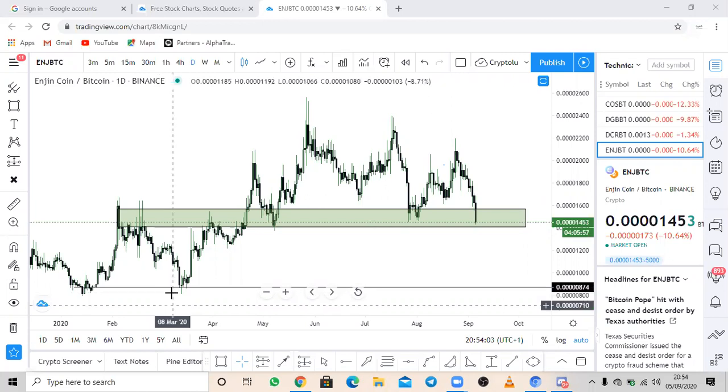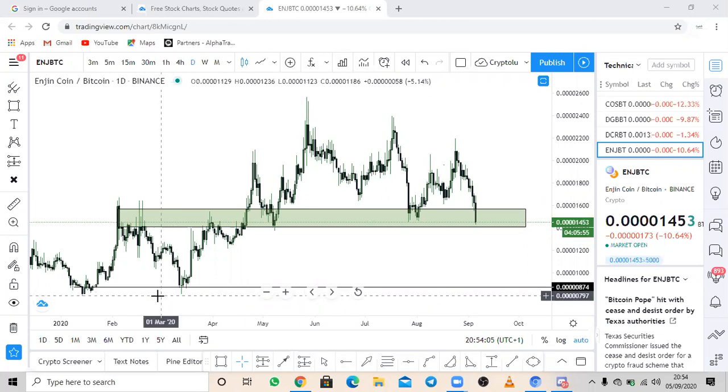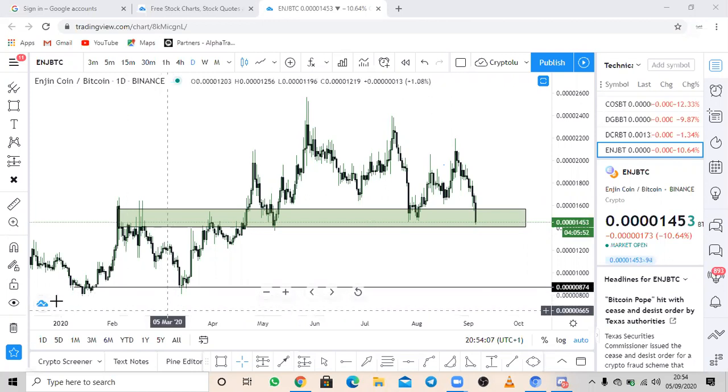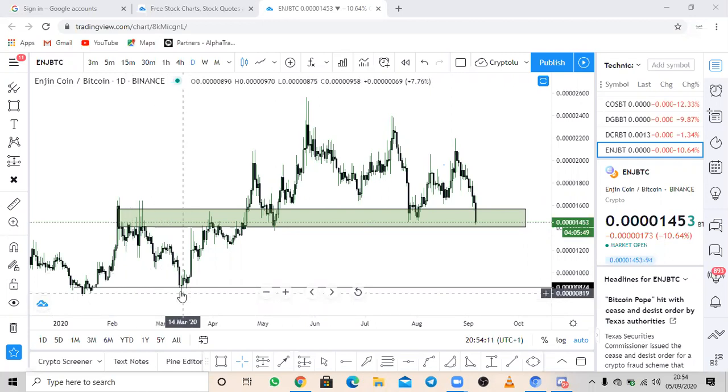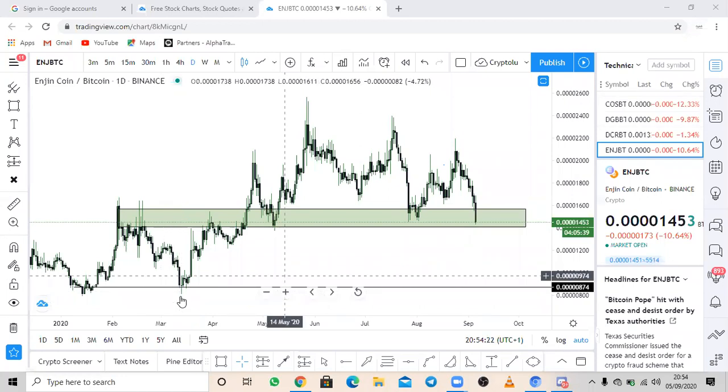So I can use that wick to place my stop loss. I can place my stop loss below that wick and trade the divergence, just like this one here. Assuming this is a pin bar here and the wick is long, it will give me like a confirmation to enter and place my stop loss below it. Okay, it actually depends on the trade. Depends on what I'm looking at.